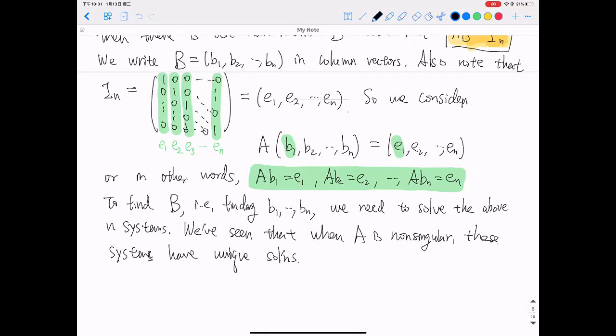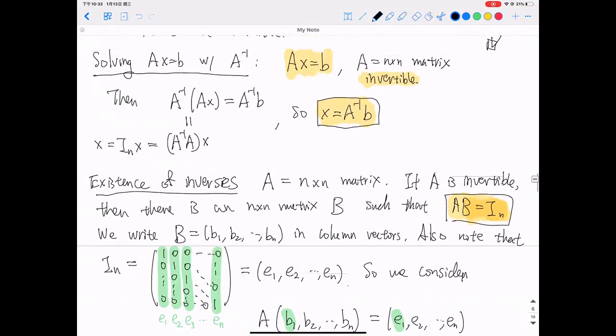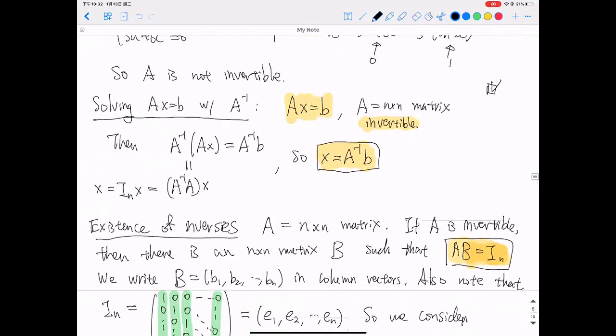Therefore, if A is non-singular, these systems have solutions uniquely, and you have a chance of finding the inverse of A, that is, A is invertible. On the other hand, we've already seen, as above, that when you have AX equals B, a system with A being invertible, then the system has a unique solution.